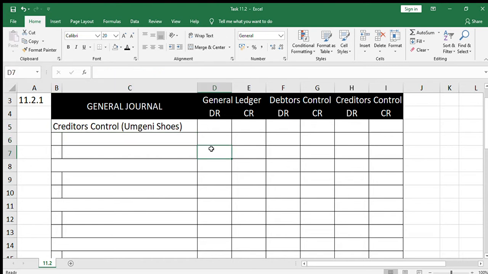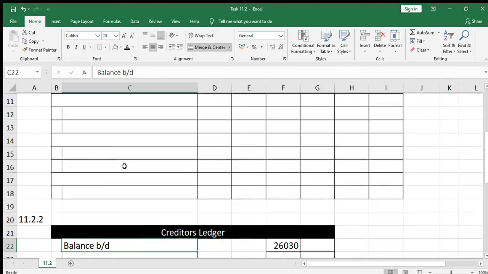The reason we debit creditors control is because the liability is decreasing with the discount, and we credit discount received. These figures will be in the general ledger debit and credit columns. It will also be in the creditors control debit column. So that's the journal entry. You could put a narration if you want to, but it's really not necessary, so you can just see what you want to do with that.